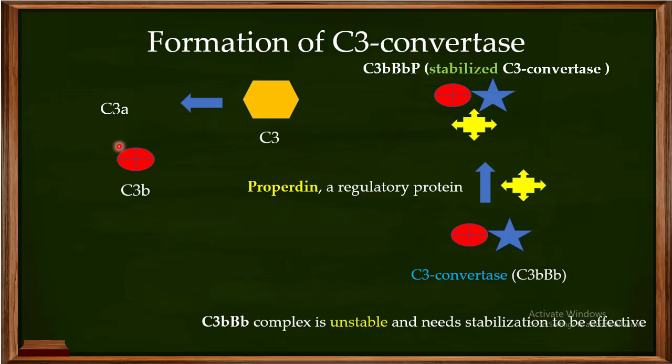So again, I am representing the C3b by this image. Now this C3b, which has been produced by the C3 convertase and not spontaneously produced, is the C3b which is going to bind to the surface of the antigen. For example, it is going to bind to the teichoic acid, the lipopolysaccharide, or the zymosan.